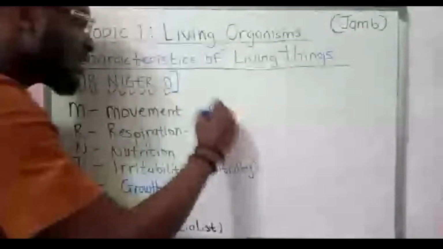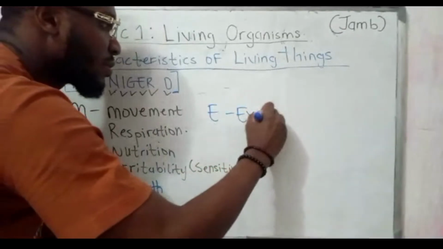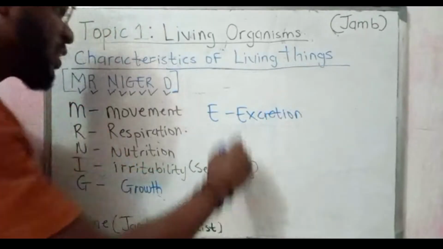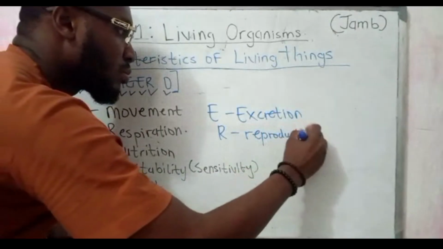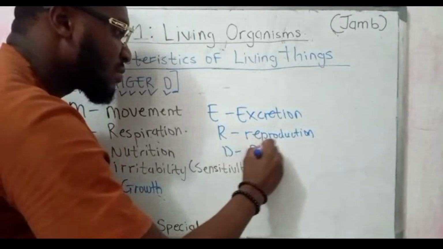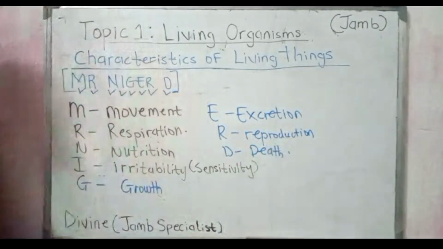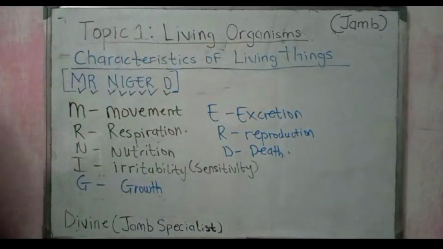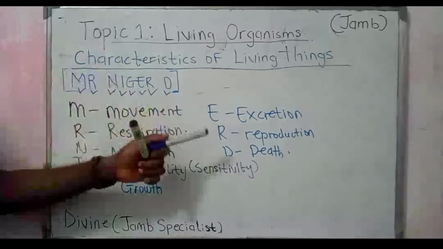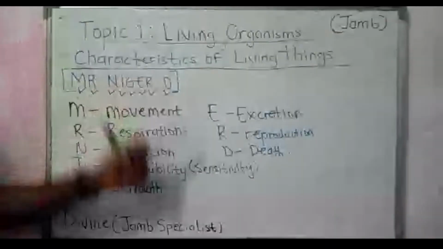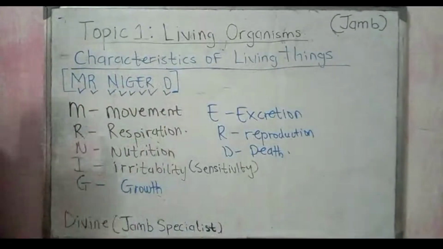We said E is excretion. We said R is reproduction. And we said D is death. So these are the characteristics of living organisms. Note this: anything that performs all of them or most of them is classified as a living thing. So now let's move to the differences between plants and animals.